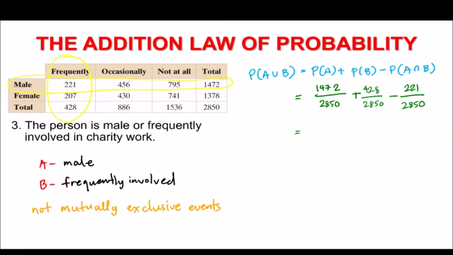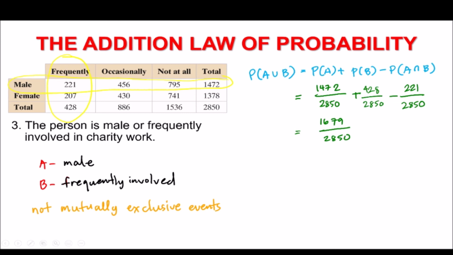So 1472 over 2850 plus 428 over 2850 minus 221 over 2850 is 1679 over 2850.